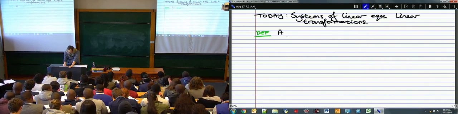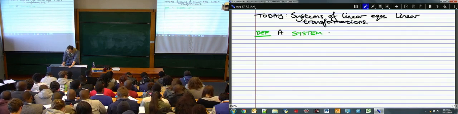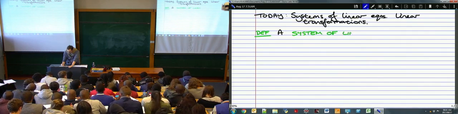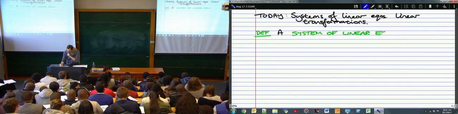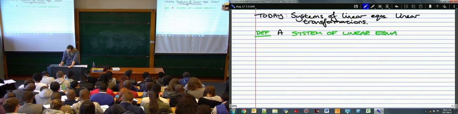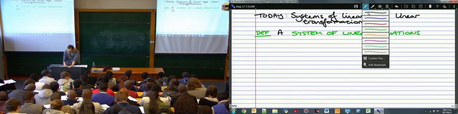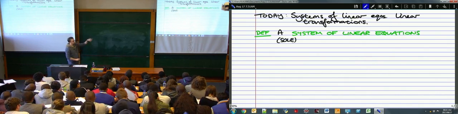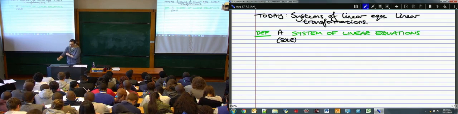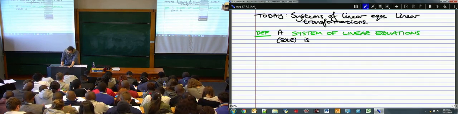A system of linear equations, and I'm sometimes going to just abbreviate that as sole instead of writing it out every time, is given by the following.